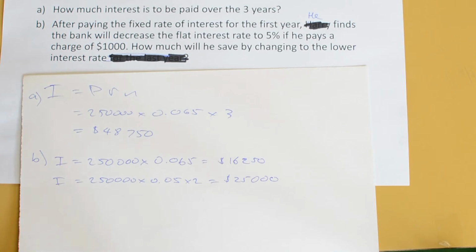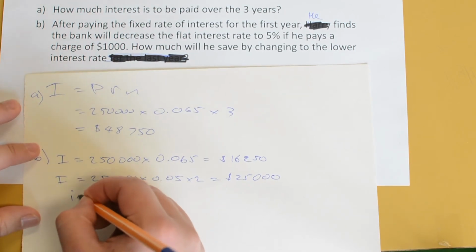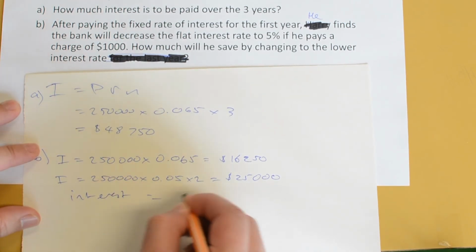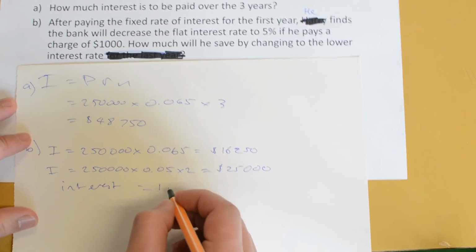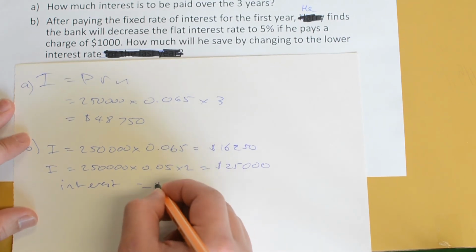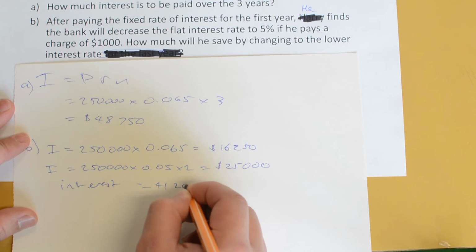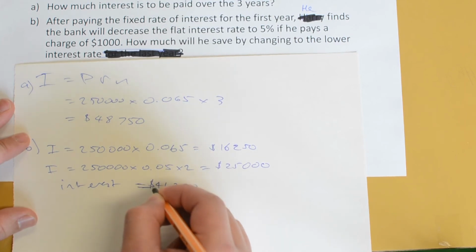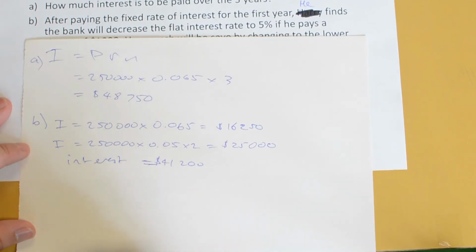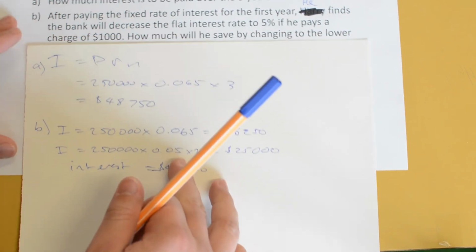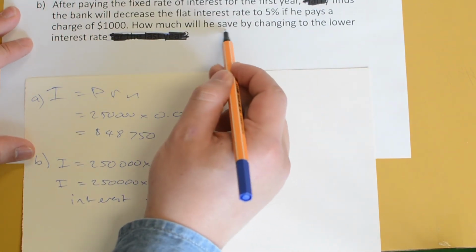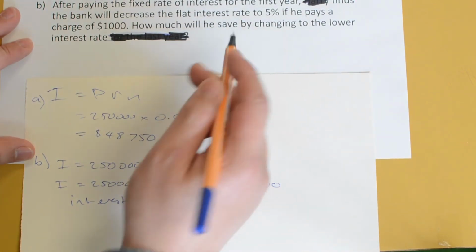So altogether, how much interest does he pay? You add those two together and you will get $41,000, and it's $41,200, sorry. Now, the question was asking how much did he save?